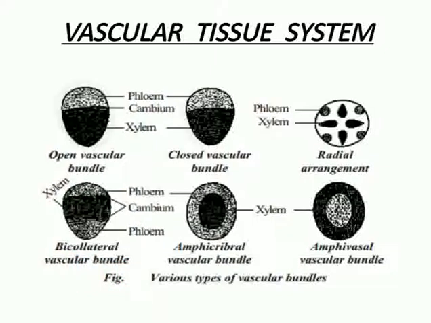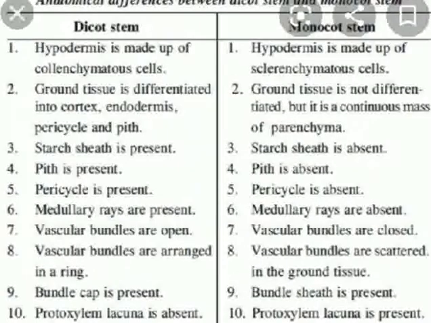If the xylem is surrounded by the phloem on all sides, such a condition is known as amphicribal. And if xylem surrounds the phloem from all sides, such a condition is called amphivasal. These are the various types of vascular bundles, and now we shall be discussing the anatomy of the stem, root and leaf one by one.